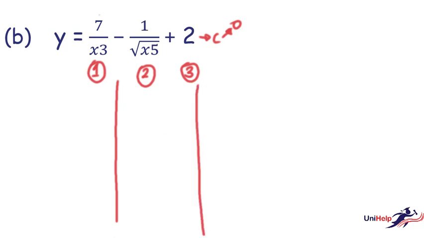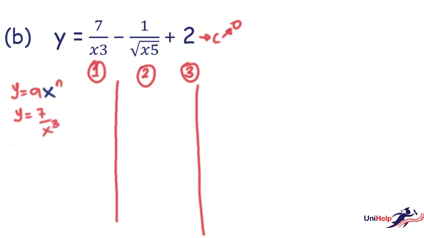For the first part, that is 7 over x to the 3. The first thing we always need to do when we are differentiating by the general rule is to confirm if the question is in the form y is equal to ax to the power n, which in this case it isn't. Therefore, we would need to apply the laws of indices to fix that problem. We have y is equal to 7 over x to the 3.